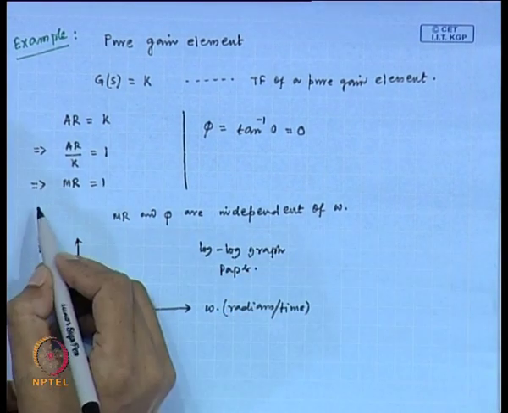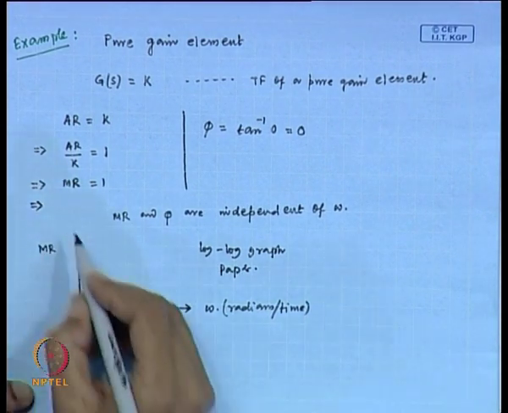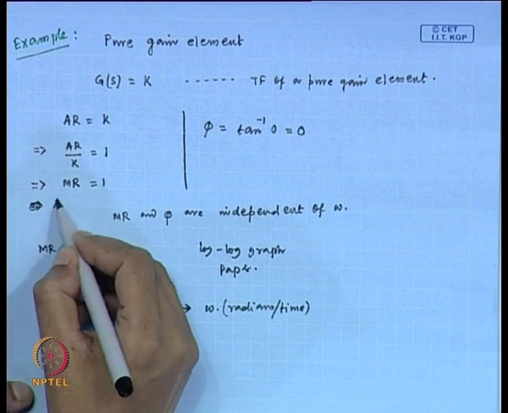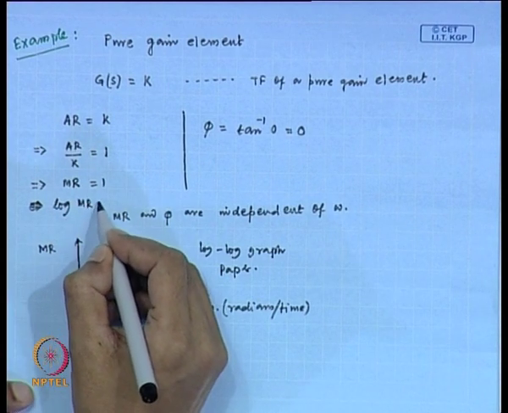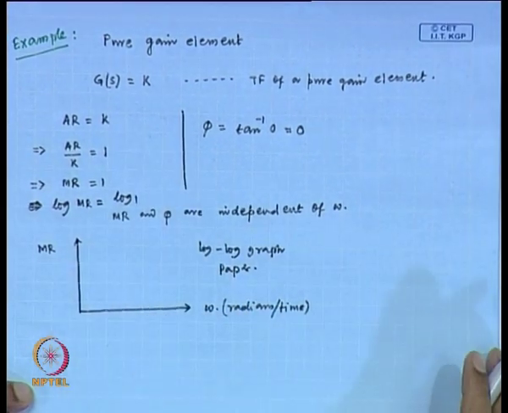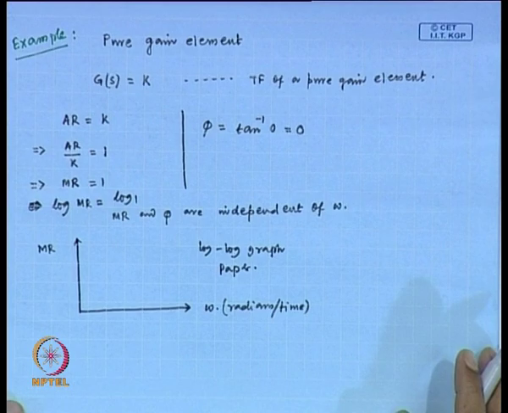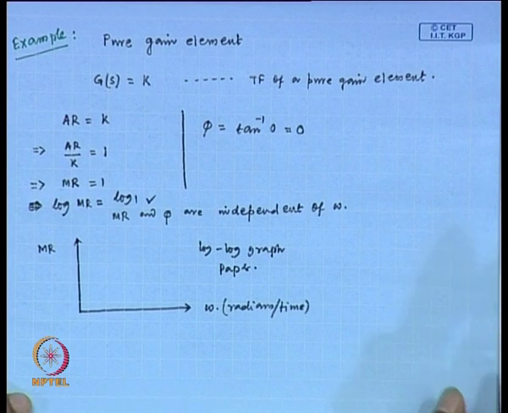Fine. Now, since we obtain magnitude ratio equals 1, so in the next step we can write as logarithmic of magnitude ratio equals log 1. Can we write this? Log of magnitude ratio equals log 1.